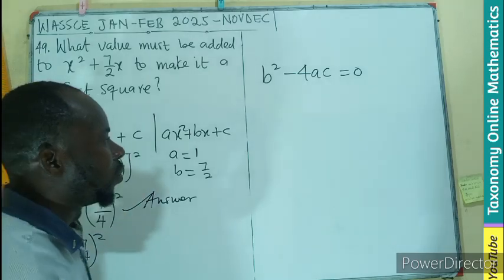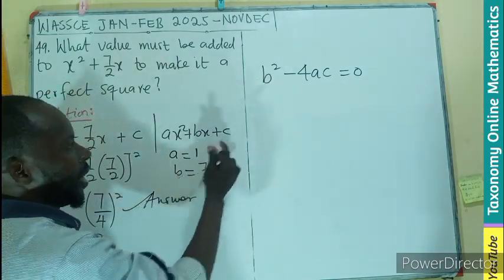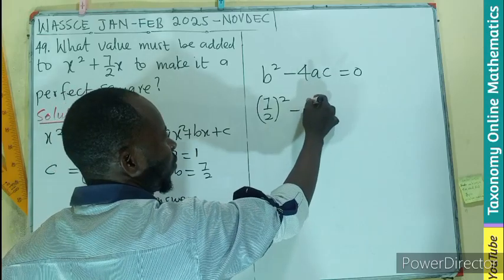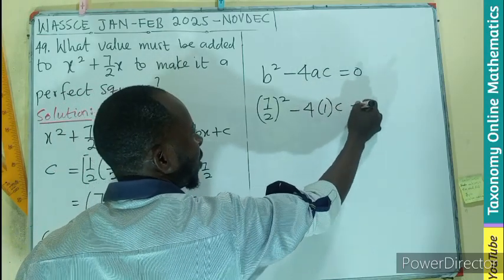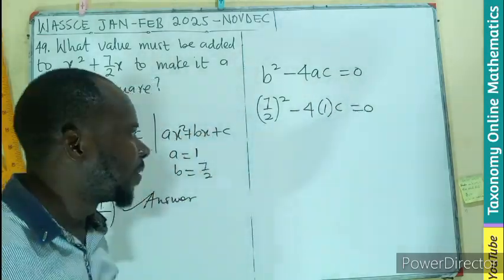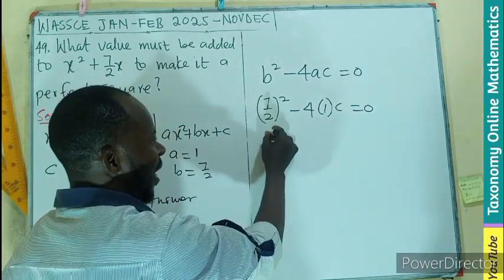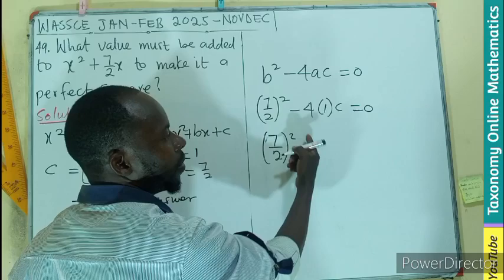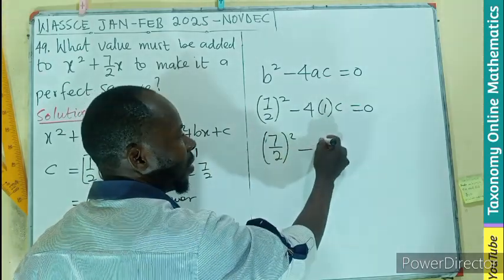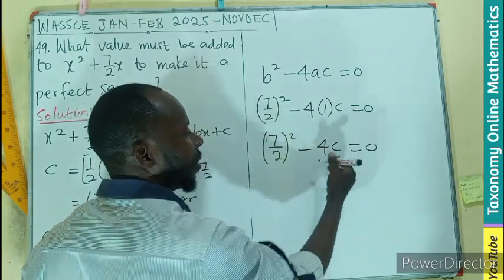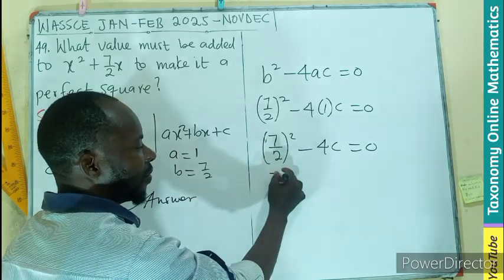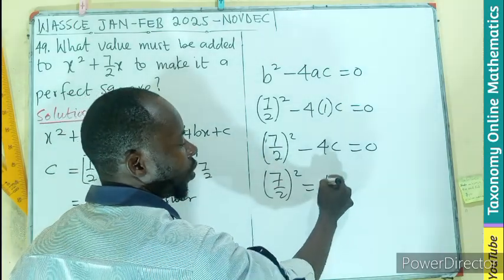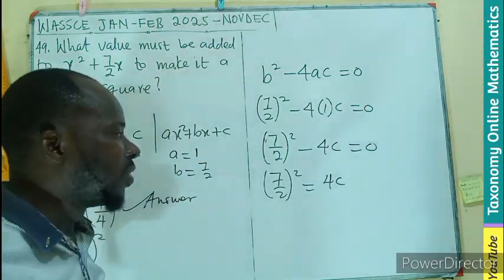So let's substitute: b squared, (7/2) squared, minus 4ac, which is 4 times 1 times c, should be equal to 0. Let's transpose to have (7/2) squared equals 4c.